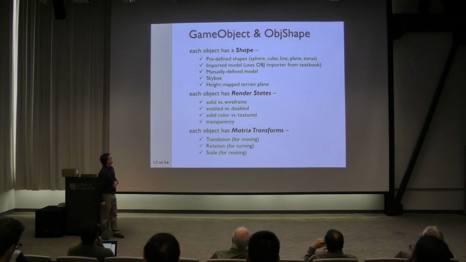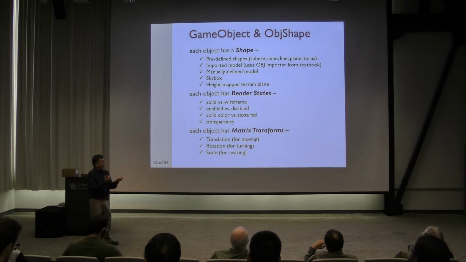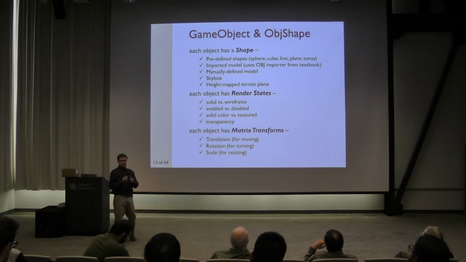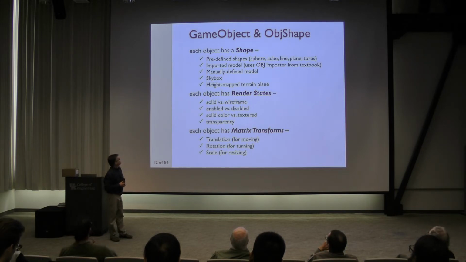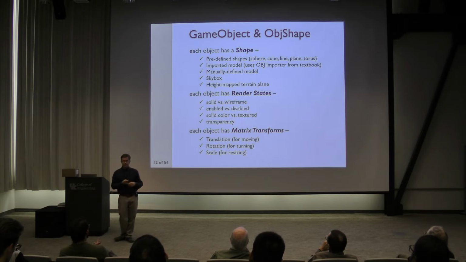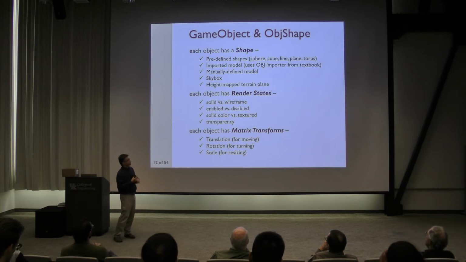All right. So here's an overview of how the object and the object shape are related. Each object has a shape, but the reverse is not true. A shape may be for multiple objects. I decided to include several predefined shapes, spheres and planes.